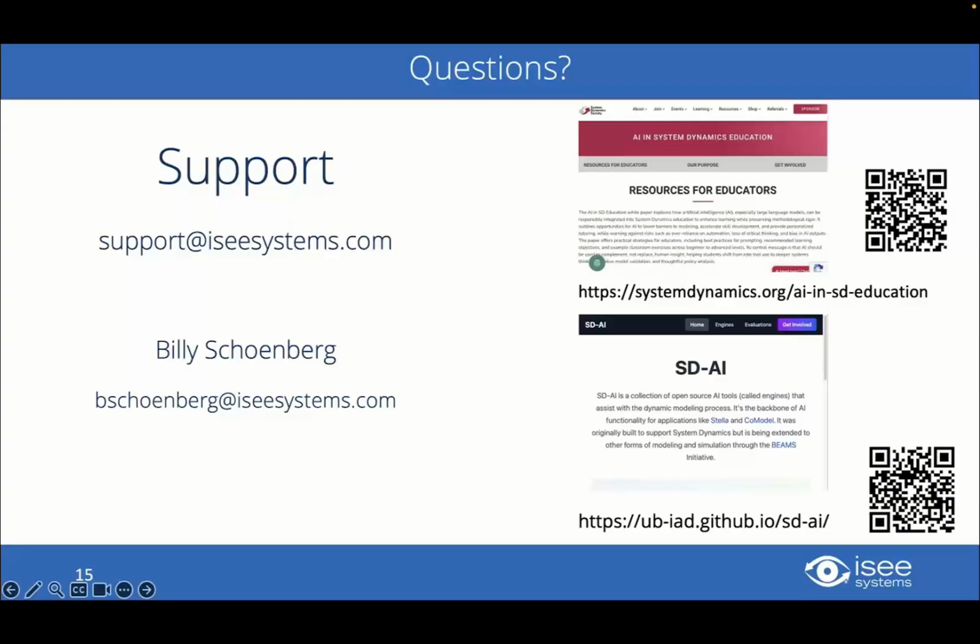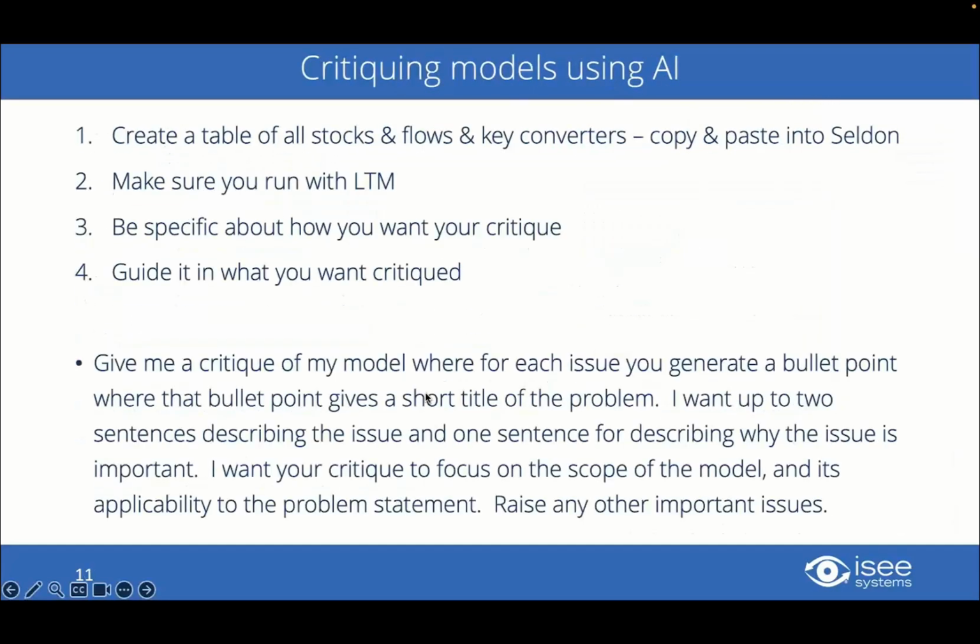So this goes back into AI as critic for me. Here, I would very much guide its critique to focus on the scope and the support for information. So I might feed it, for instance, this is another little trick I didn't tell you. You can actually put a link to a research paper and it will go out and actually read that research paper as a part of it generating a model, or Selden giving an explanation.